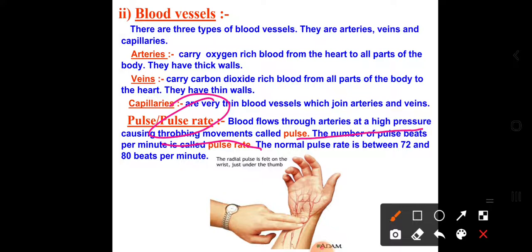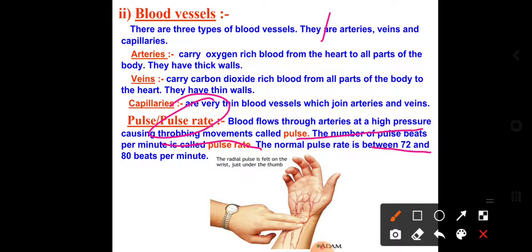Those throbbing movements we call a pulse. The pulse rate in a healthy human being is always 72 to 80 times per minute.